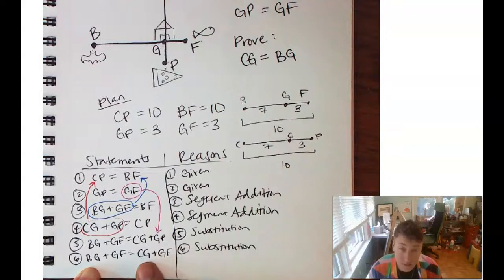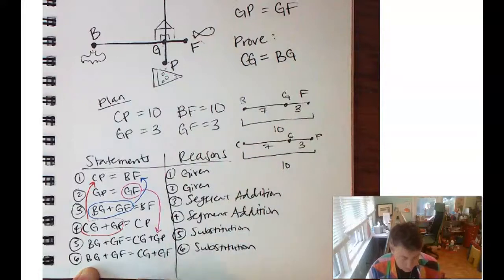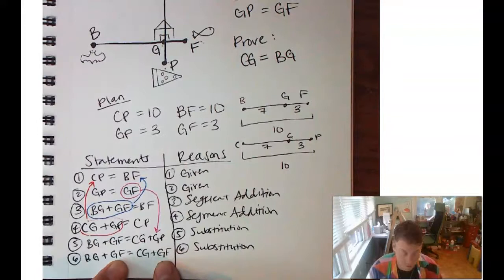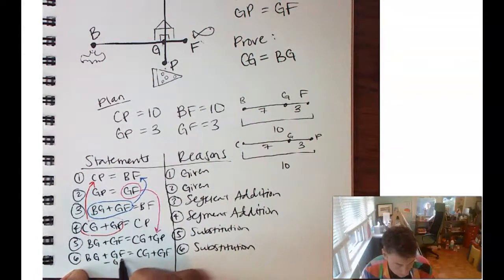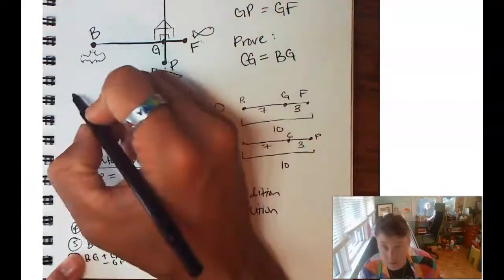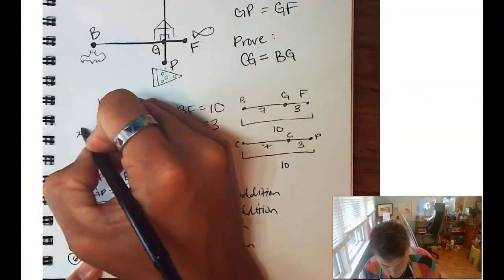So we are close. This has CG equals BG. This has BG equals CG, but we have added GF to both parts. So let's get rid of that. Let's subtract GF from both sides. Why are we allowed to do that? We're always allowed to subtract the same thing from both sides. If you think about an algebraic expression, we had x plus 3 equals 10.